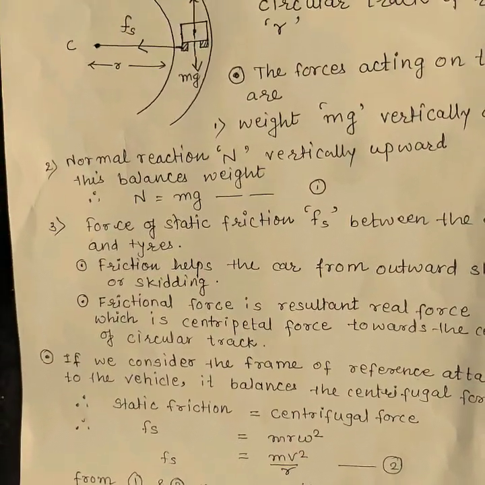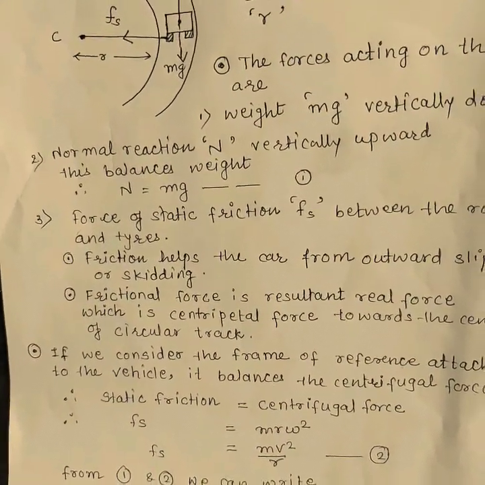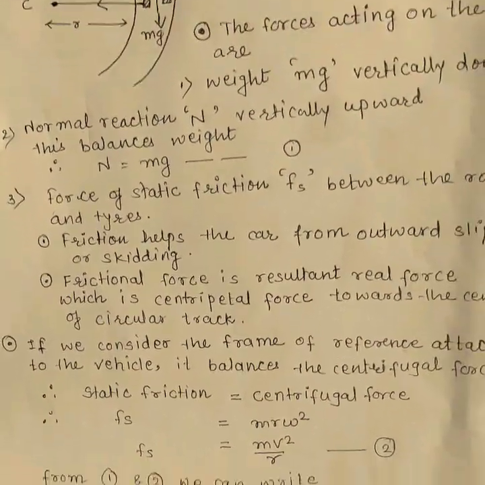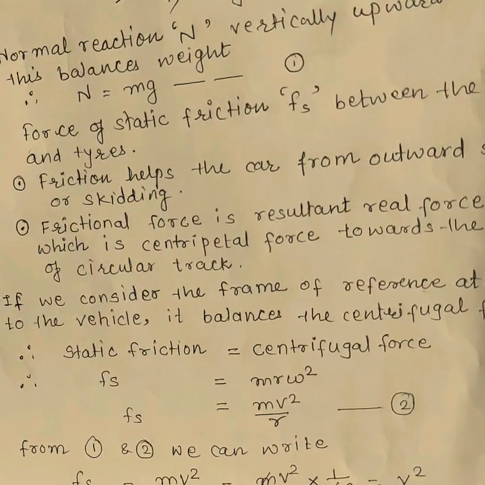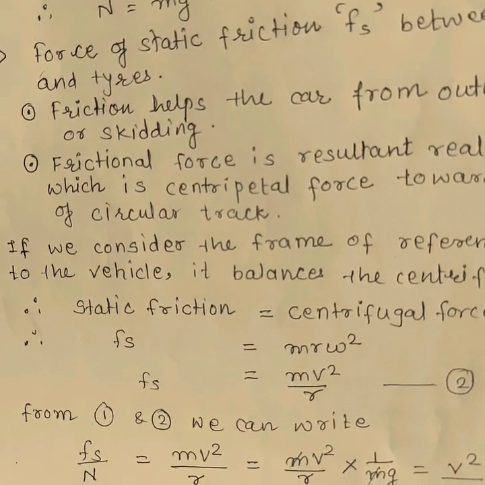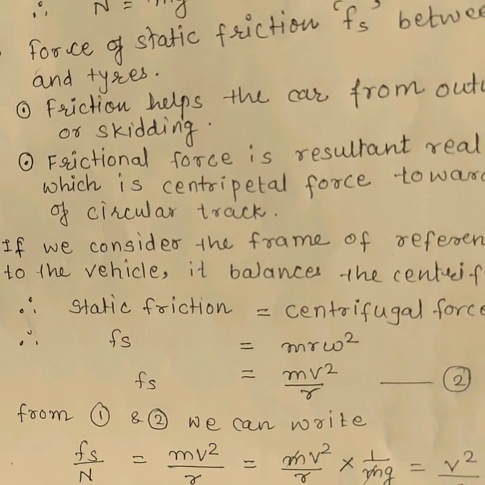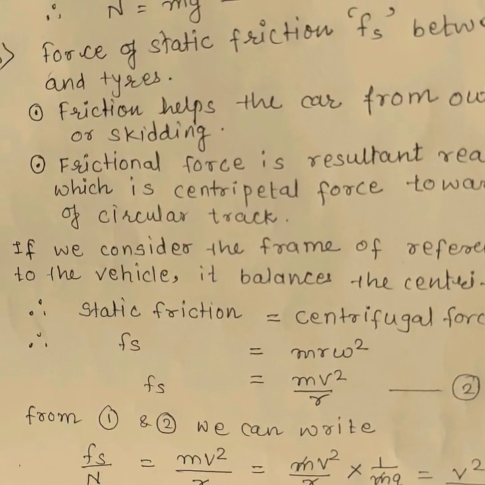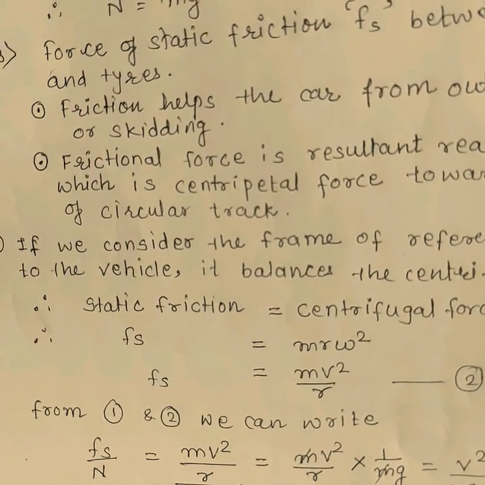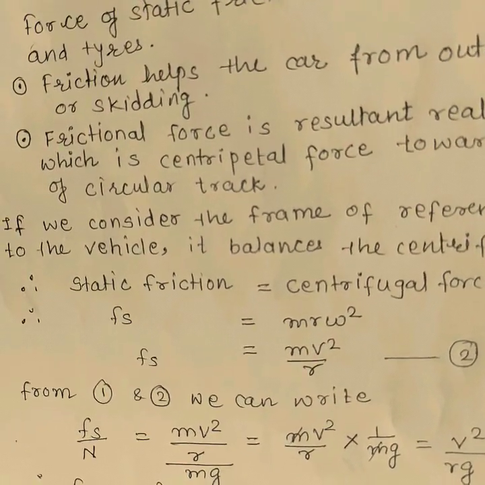So, static friction is denoted by Fs. So, Fs is equal to mr omega square, that is centrifugal force, which is also written as mv square by r, where v is the linear velocity. So, Fs is equal to mv square by r. Let us call this equation number 2.